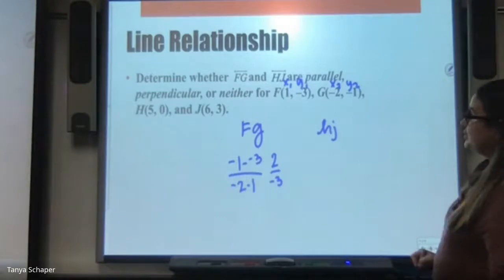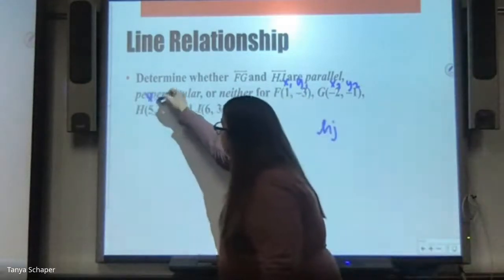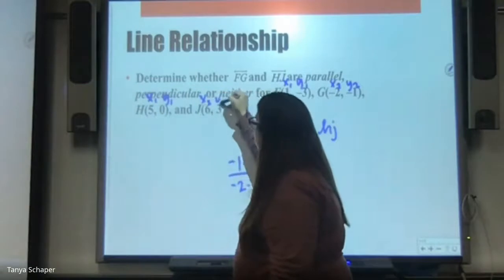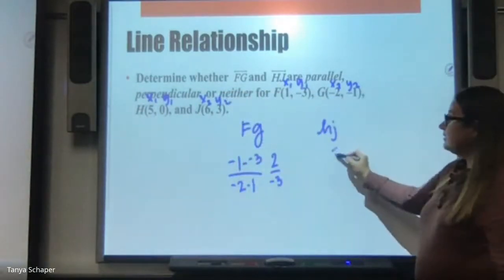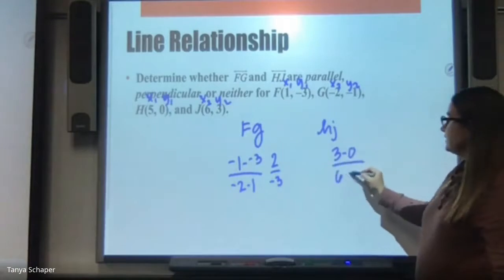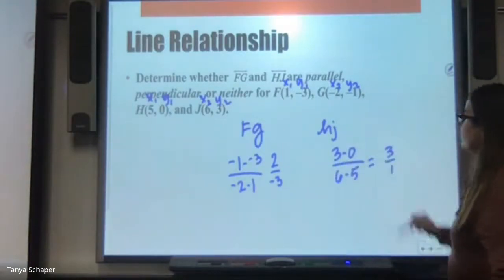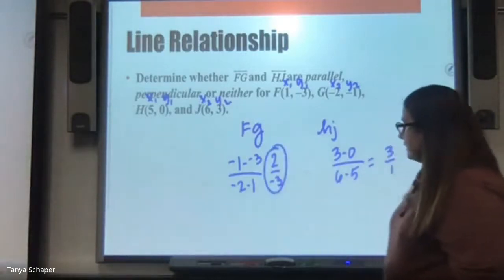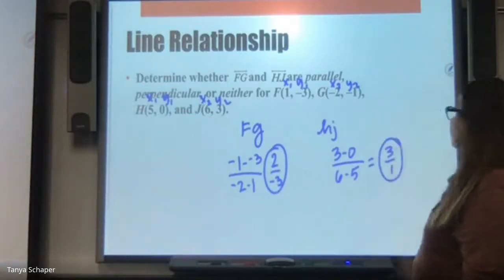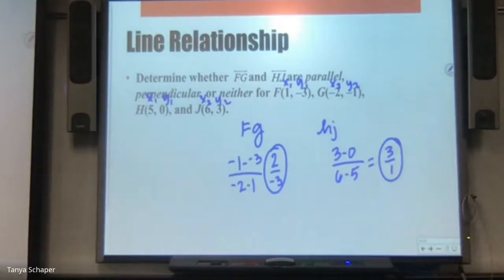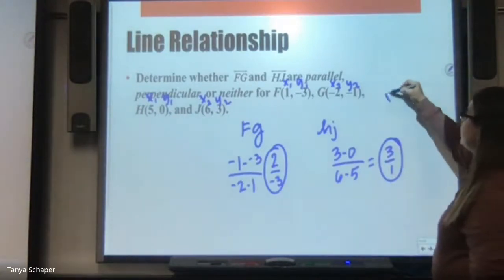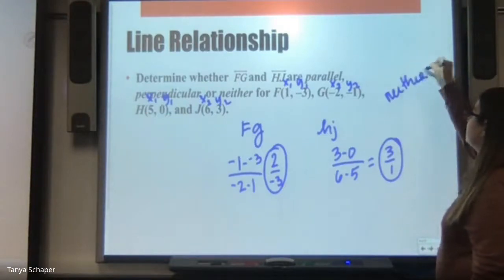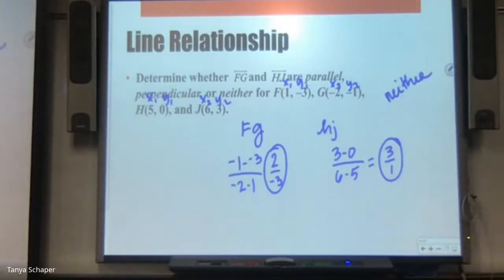My slope of HJ: again, I label x sub 1, y sub 1, x sub 2, y sub 2. It's going to be 3 minus 0 over 6 minus 5, which is 3 over 1. So FG has a slope of -2/3, if I did everything correctly, and HJ has a slope of 3 over 1. So they're going to be neither. They are not the same. They are not opposite reciprocal. So therefore, their slopes are neither. Okay.